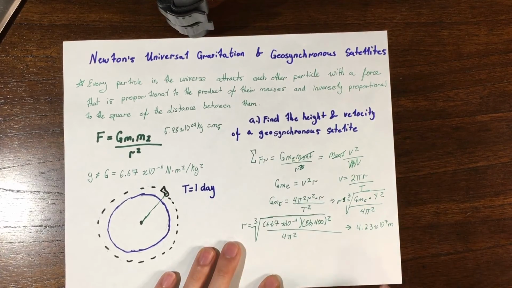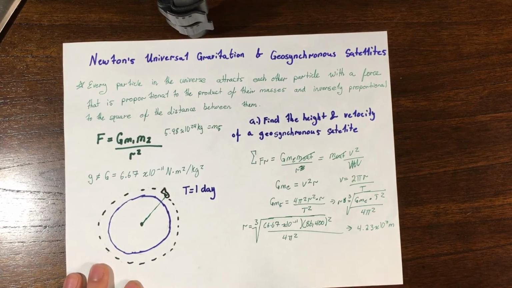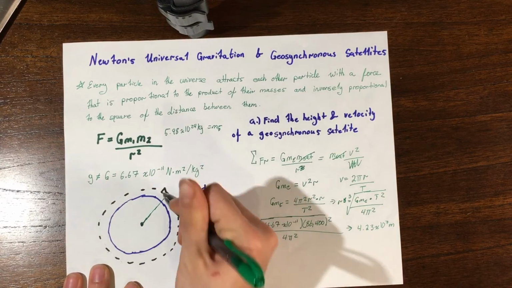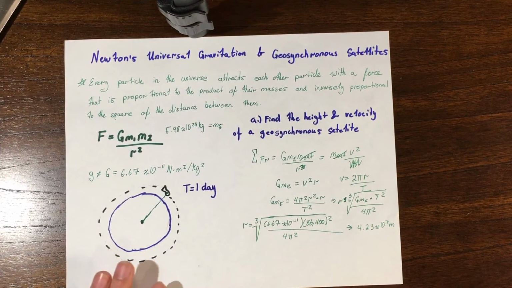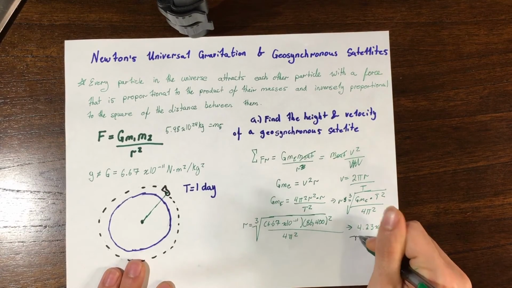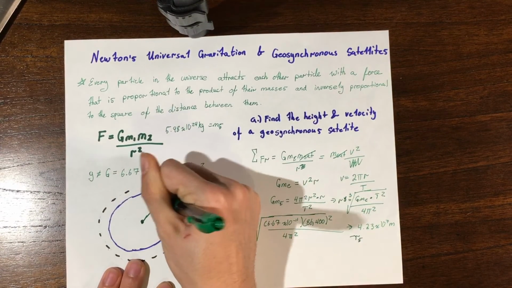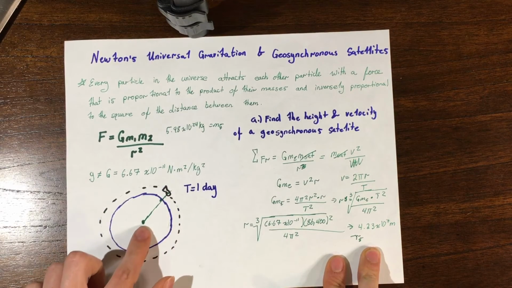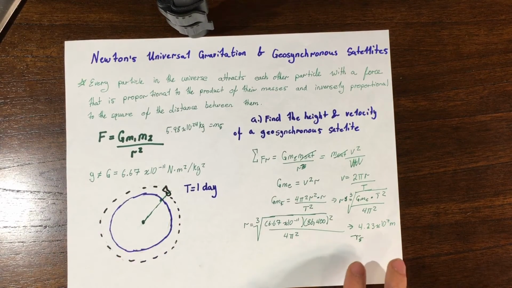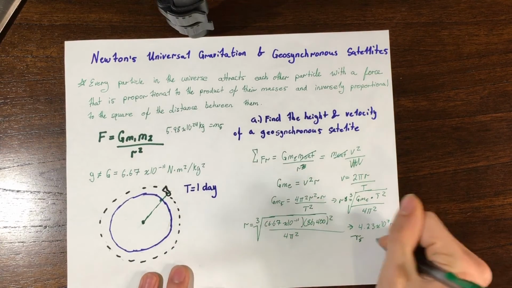But hold on, this is a radius. This means the distance between the center of the Earth and the center of the satellite. We want to find the height. So we have to subtract the radius of the Earth, because this includes the radius of the Earth, and the radius of the Earth is 6,380 kilometers.